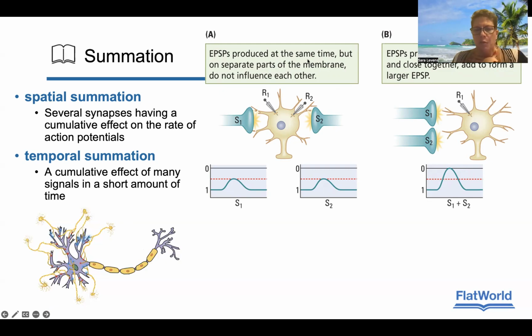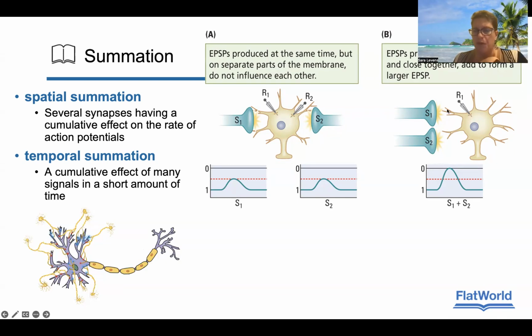So EPSPs produced at the same time, but on separate parts of the membrane, do not influence each other. They're too spatially far apart, okay? You could have a depolarization over here and a depolarization over here, but it's not enough to affect the cell body and reach this axon hillock right here. But if you had EPSPs produced at the same time or close together, then they can add to form a larger EPSP, okay?